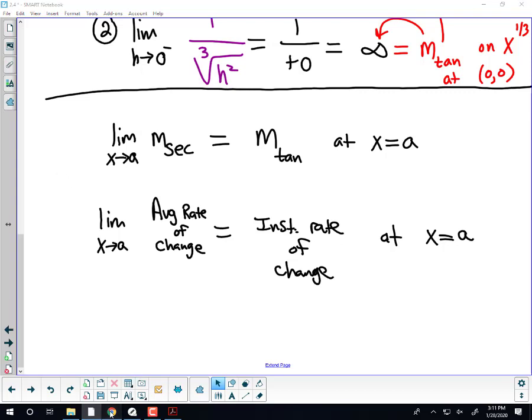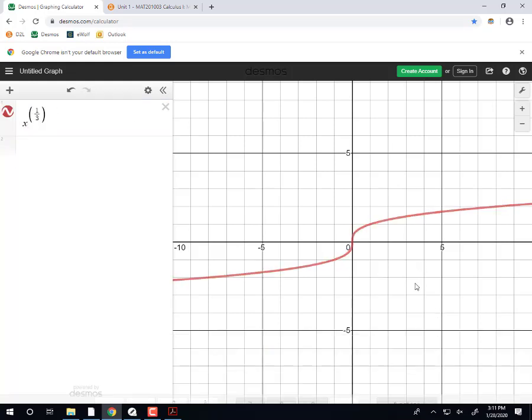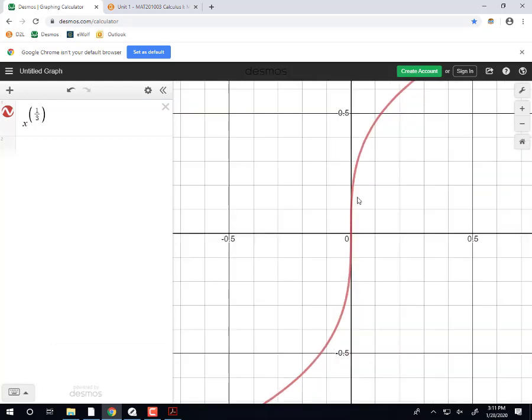Because let's look at the graph. It doesn't look weird right here, right? But once we get closer to it, then we start to see that extreme behavior of that flattening out, if you will.